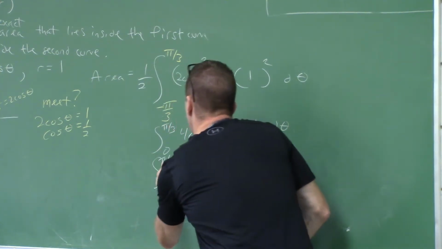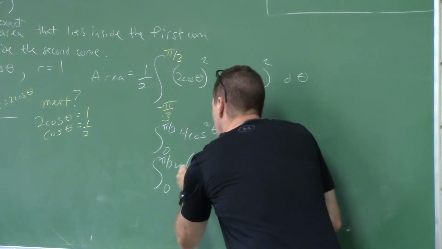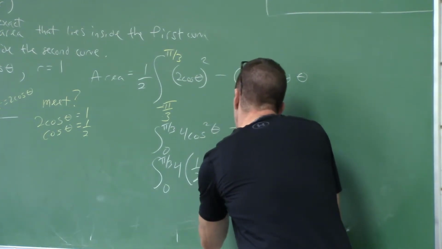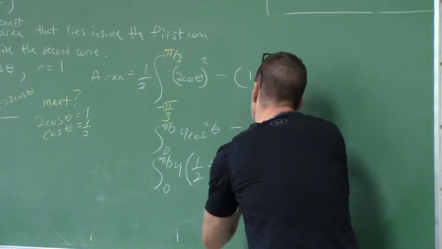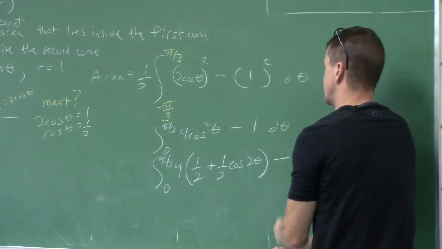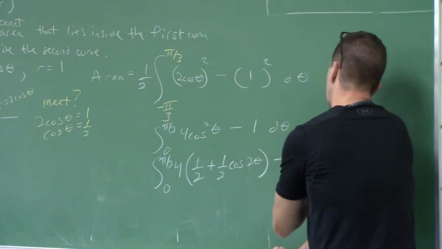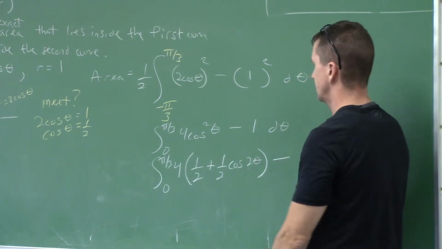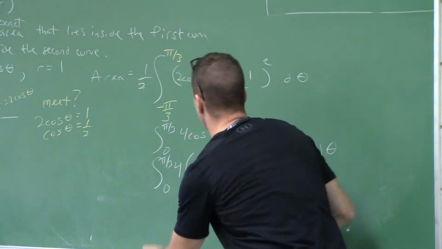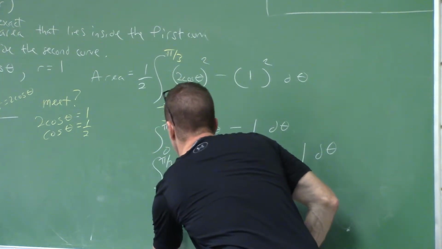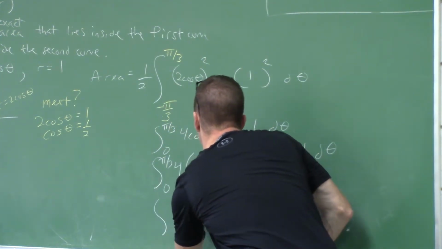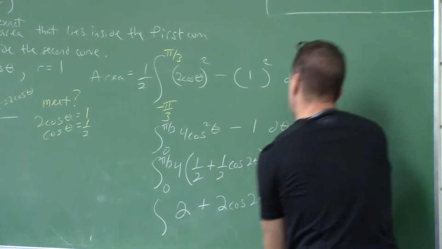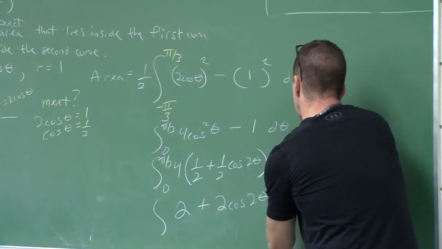All right, you ready? 4 times 1/2 plus 1/2 cosine of 2 theta. But you still have a minus what? 1. Oh, we're gonna get this. You want to distribute that now? What do you get? 4 times 1/2 is 2, plus 2 cosine 2 theta, minus 1.